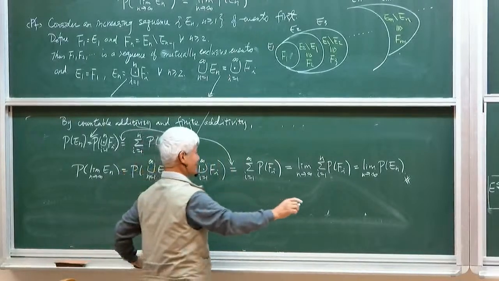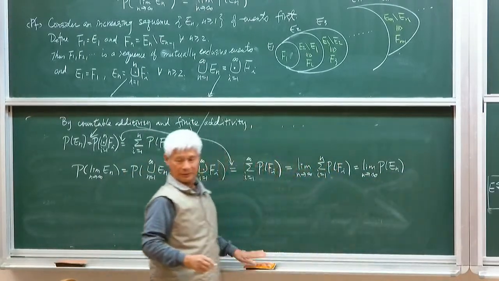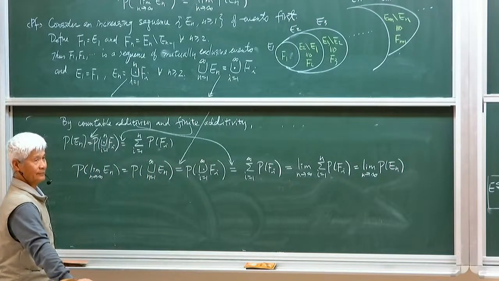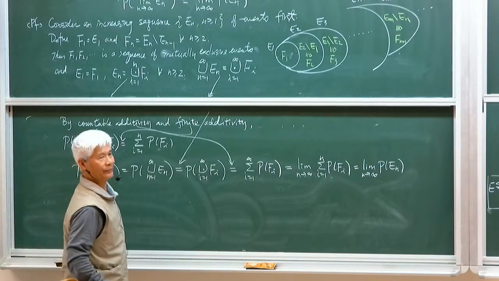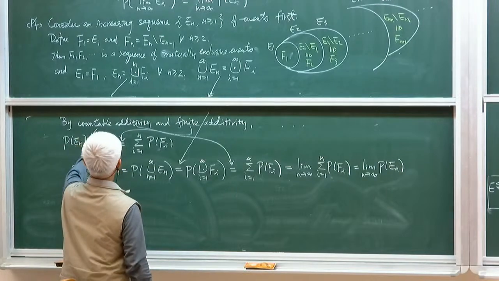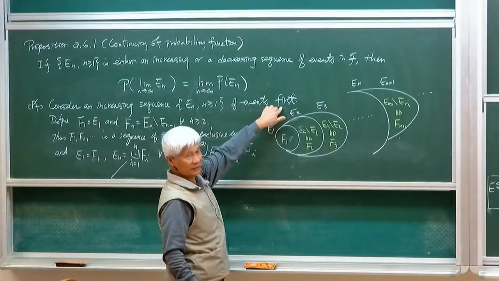Oh no, not yet. This was for the increasing sequence of events. Is that okay? This one is only for an increasing sequence of events, because we considered an increasing sequence of events first, right?